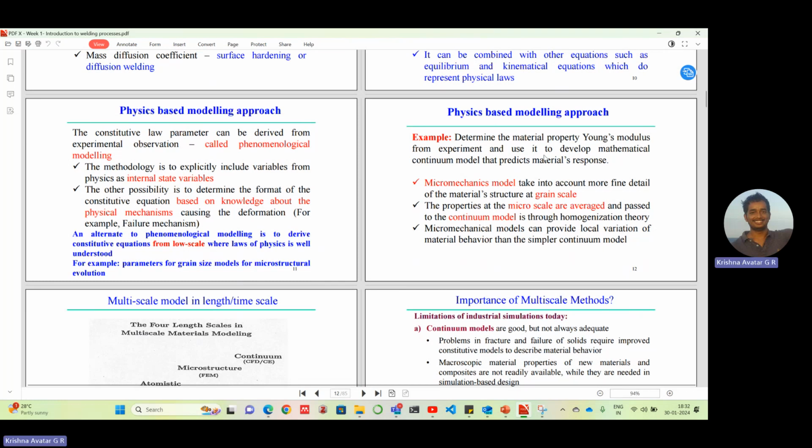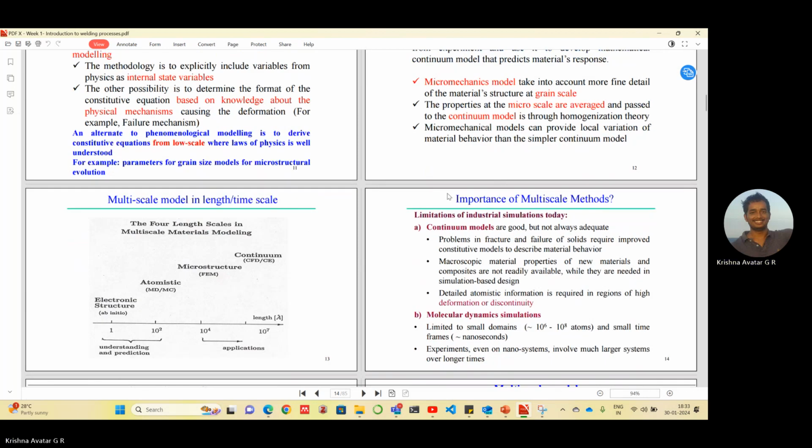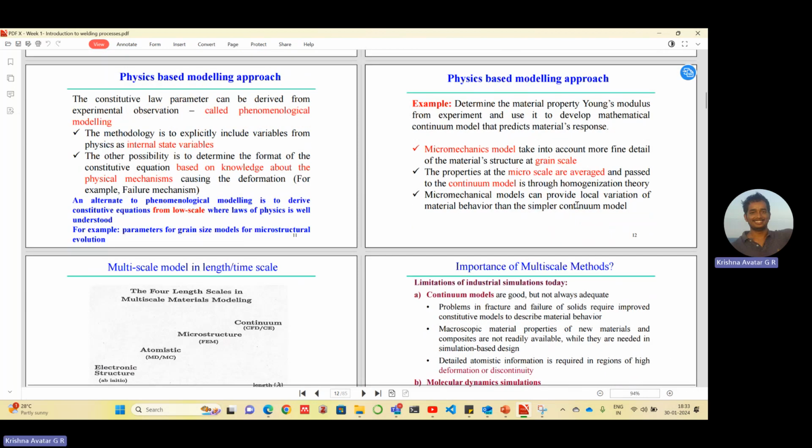So for linear systems, one of the simplest constitutive relations for solid mechanics studies is what we call linear elastic. In that case, we require at least two properties which define the material, one of which is Young's modulus, the other is what we call Poisson's ratio.